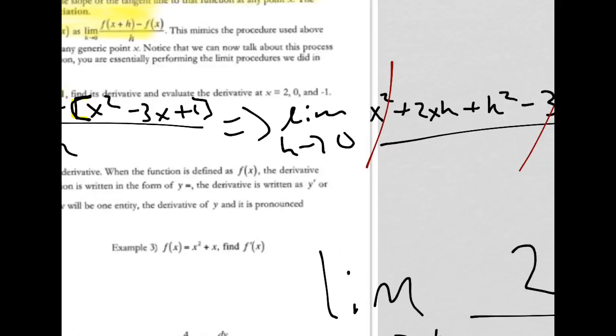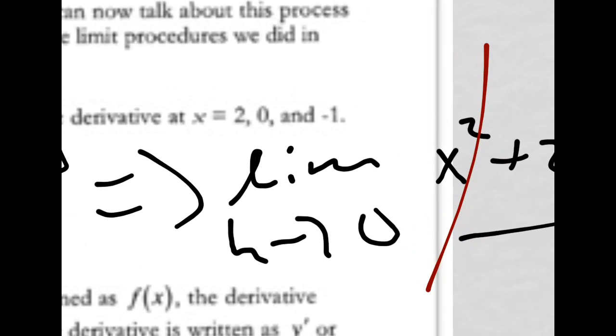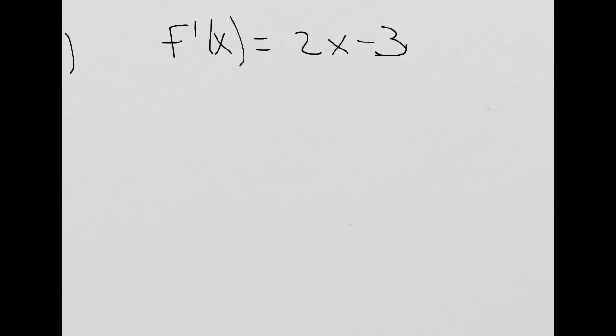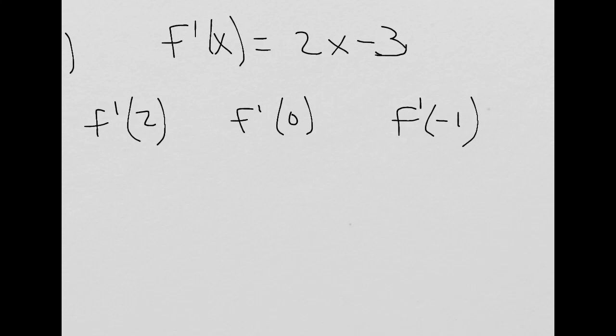So over here, we want to find the slope of the tangent line at 2, 0, and negative 1. So we need to find f prime of 2, f prime of 0, and f prime of negative 1. And all that means is I just plug that into the derivative I have. So that's 2 times 2 minus 3, which is 1.